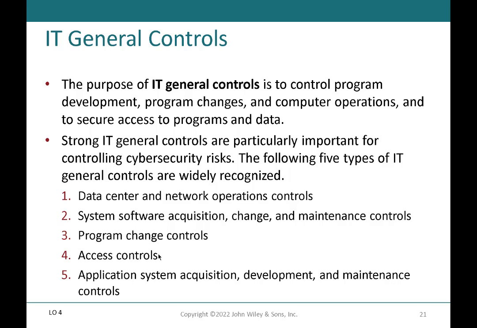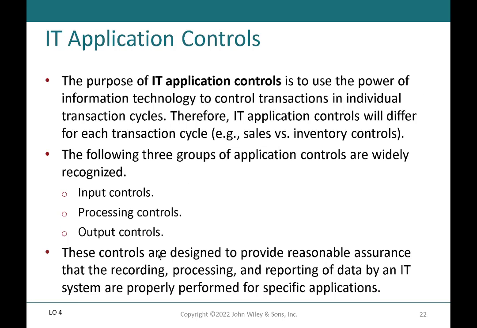So 3, 4, and 5 go together, and all these controls work together in tandem to ensure that the information flowing through the system at a very high level is going to be properly maintained, and properly scrutinized by the folks in our IT department.